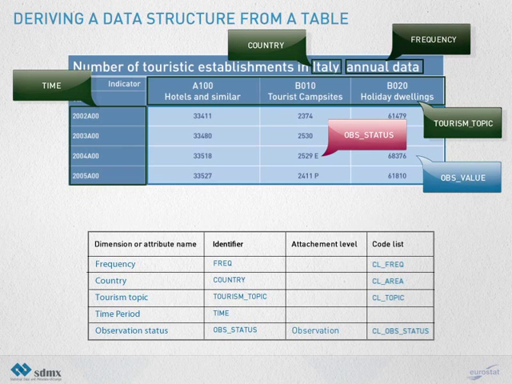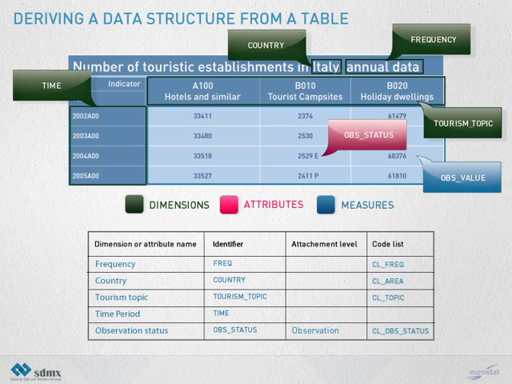Frequency, country, tourism topic, and period are required to identify the statistics. They act as dimensions. The observation status qualifies figures as an attribute at the observation level. The observation value, the actual figure, is what we call measure.